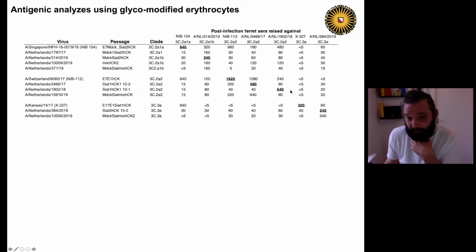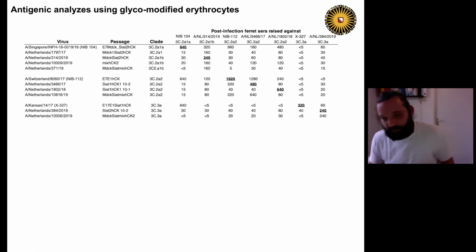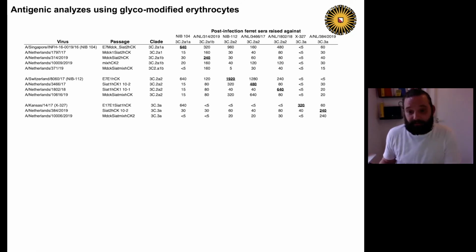And we can confirm that the 3C2s and the 3C3s are antigenically very distant from each other, because these sera do not provide any cross reaction. I would also like to draw your attention to the Kansas strain, which was one of our latest vaccine strains. It was actually only protective against the homologous virus.